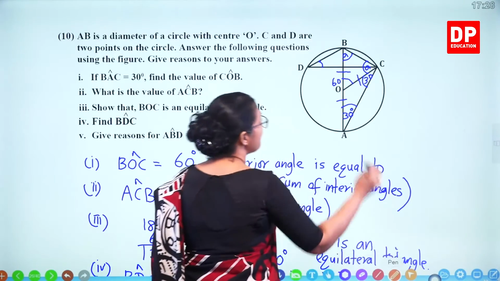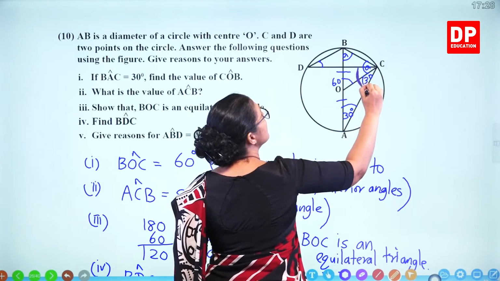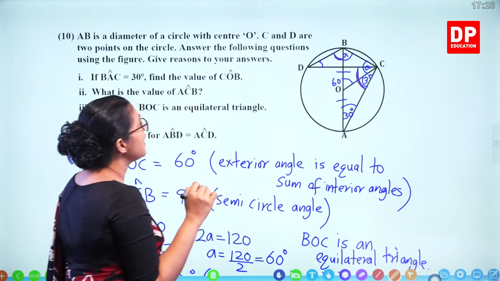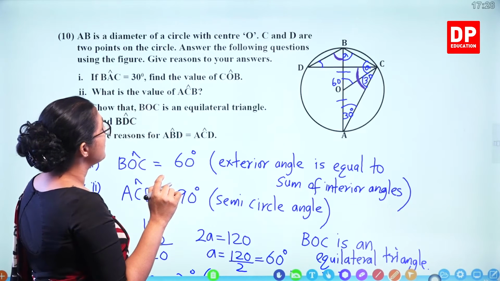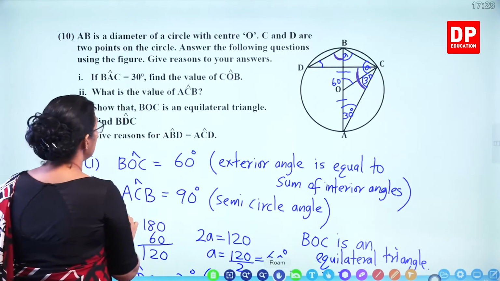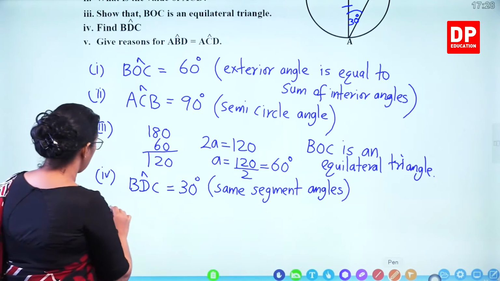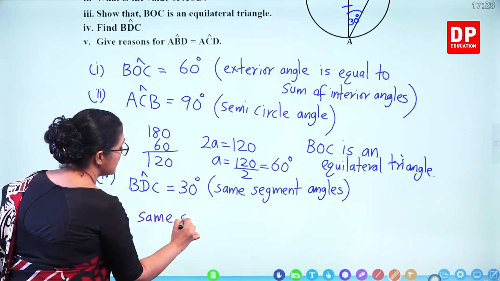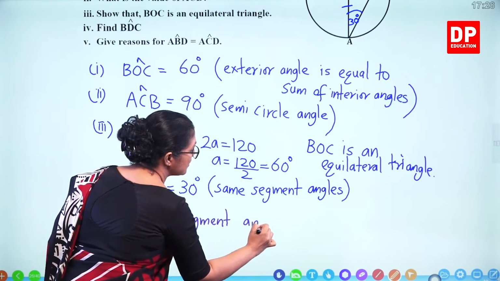Look carefully. AD arc, this angle and this angle. Same segment angles. So DBA and DCA, same segment angles are equal. That's the reason. So fifth part, you can write same segment angles.